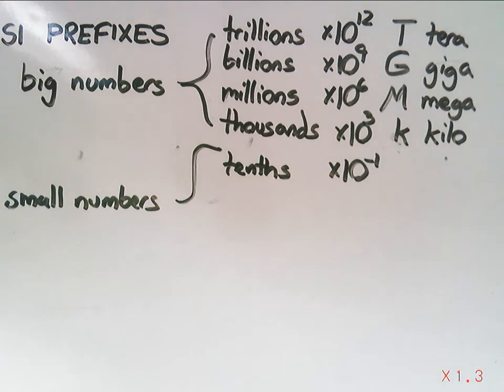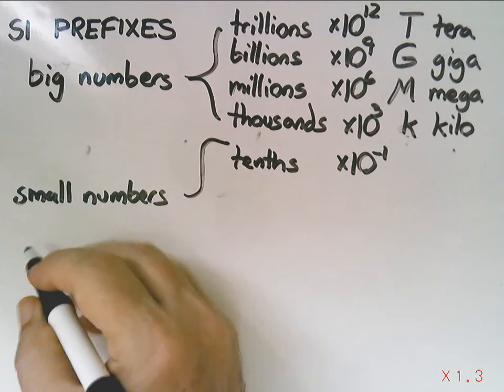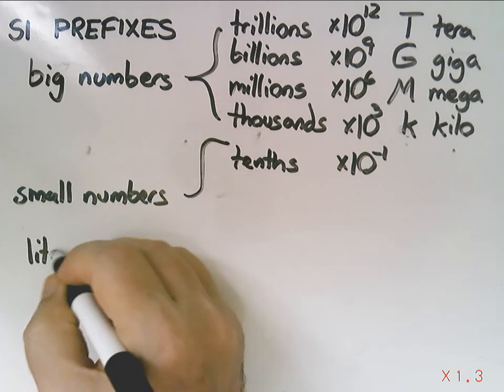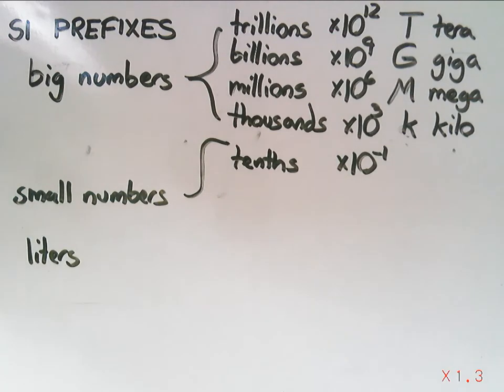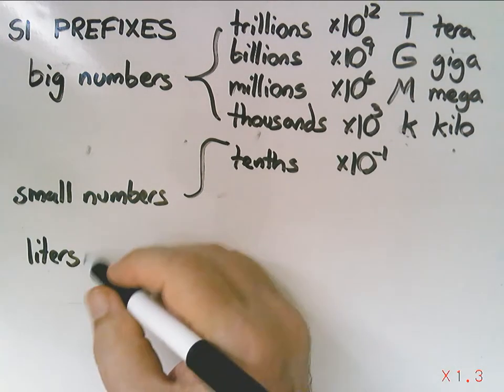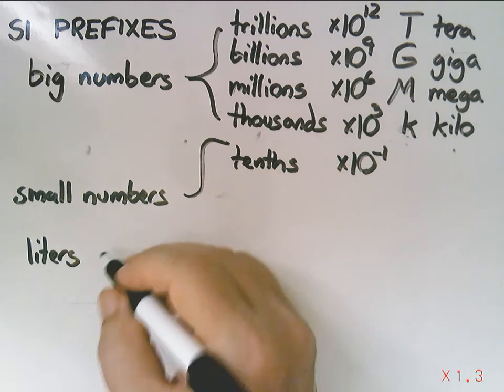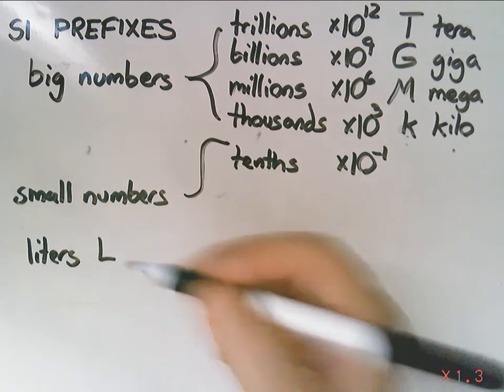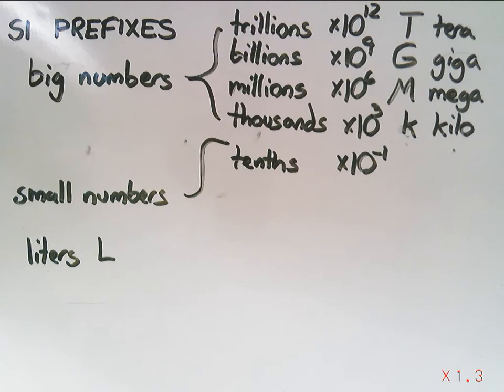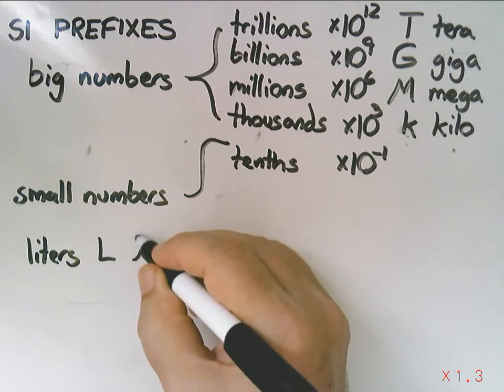Now, this is the first time I'm mentioning liters. Let's do a little aside then. Liters are a unit of volume that we like to use in chemistry. The abbreviation can be an uppercase L, and there are some people that use a lowercase l.